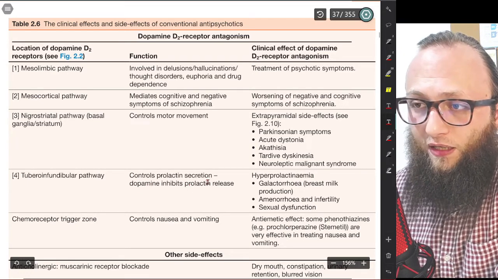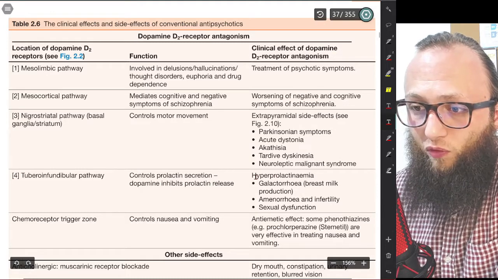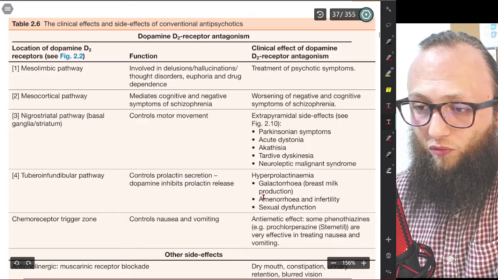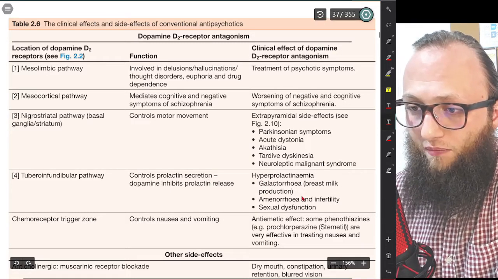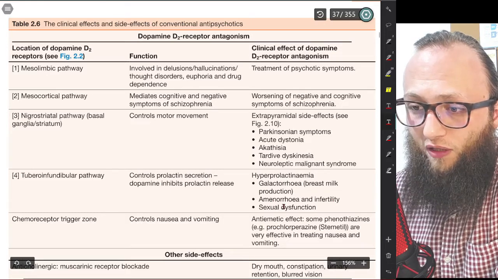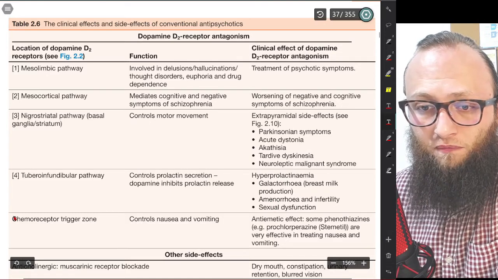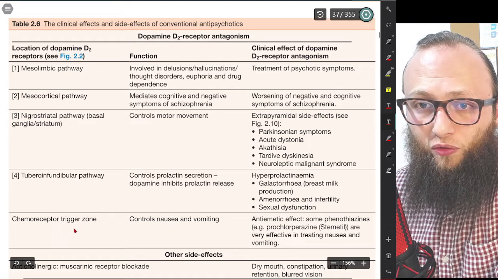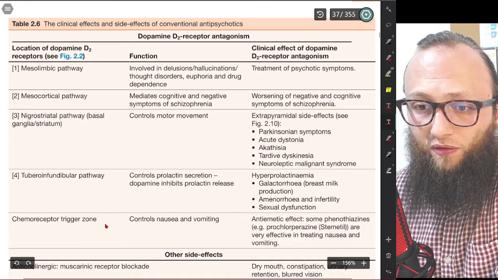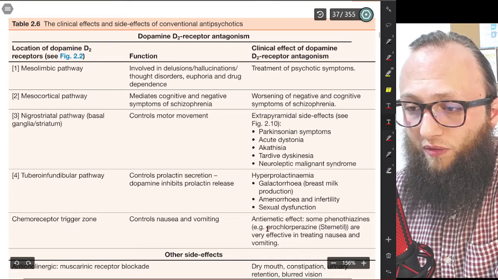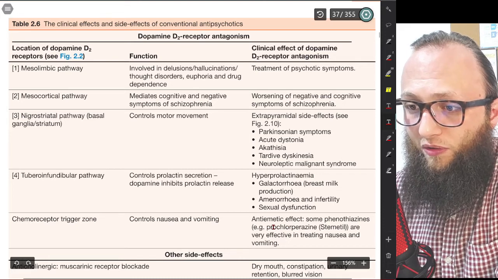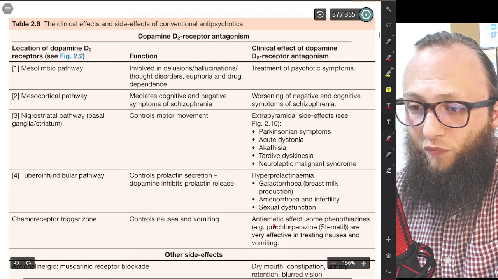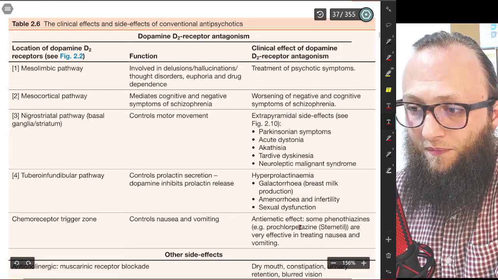So the clinical effect of dopamine D2 receptor antagonism would be hyperprolactinemia, and the symptoms would be something like galactorrhea, amenorrhea, infertility, and sexual dysfunction. Other D2 receptors, like the chemoreceptor trigger zone that controls nausea and vomiting, would have some anti-emetic effect.